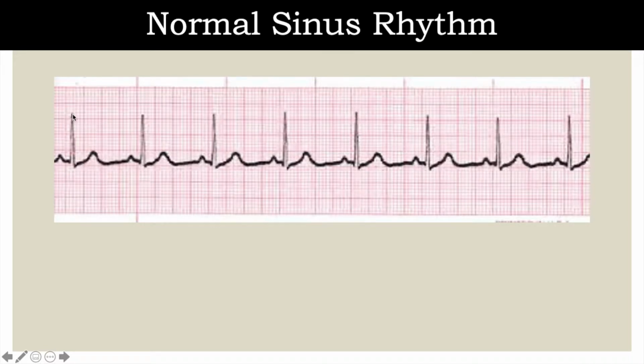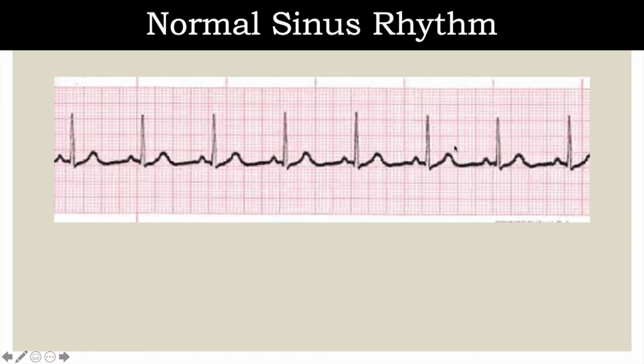You multiply it by 10, which means that this heart rate is 80, which falls in the regular category of 60 to 100. So this is a normal sinus rhythm. This is the rhythm that you want your patients to be having. You can see the P waves, the QRSs, and then the T waves.